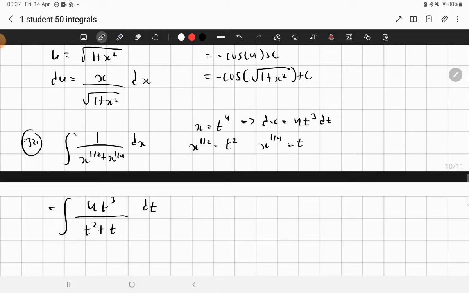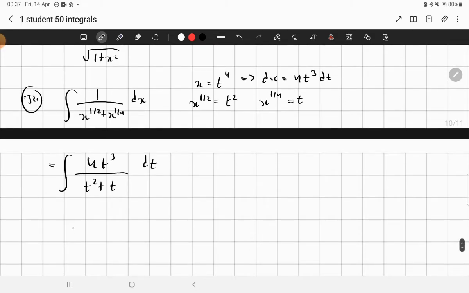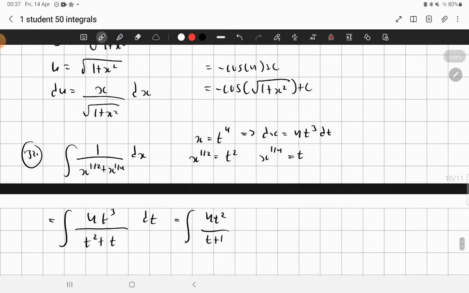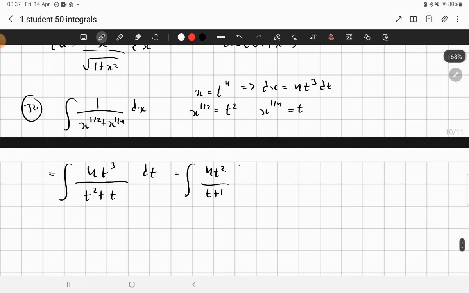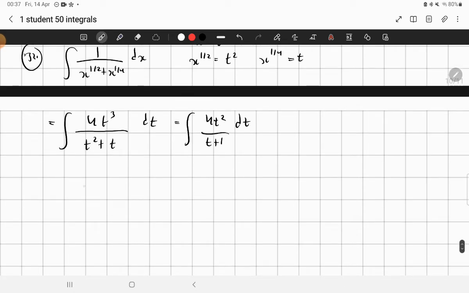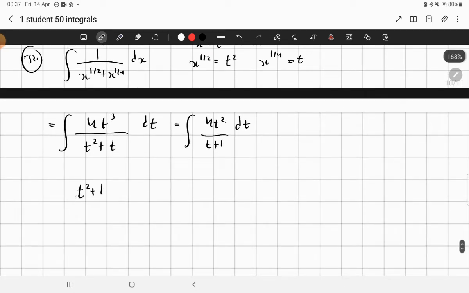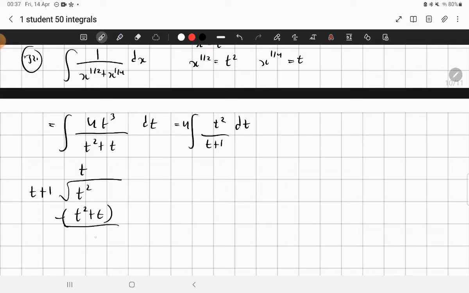So as an improper integral, I have to use long division. No, I could just simplify it further first, then I could do long division. So t squared divided by t plus 1. t squared plus t, so negative t, and then plus 1.